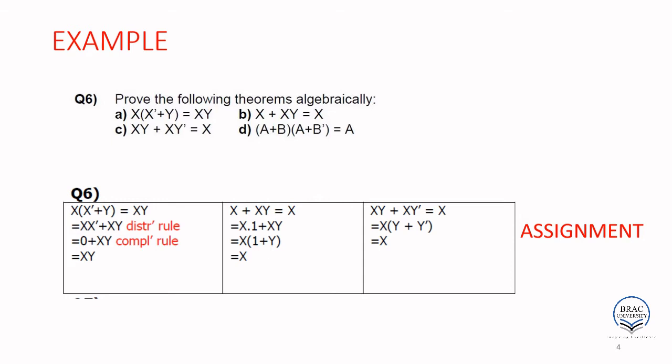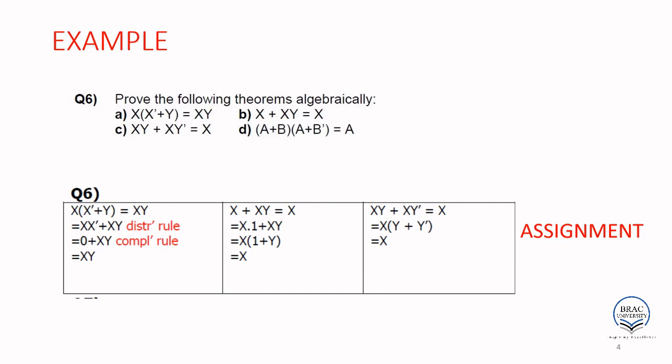Go to the second one, B. It says x plus xy equals x. If you take the common factor, x can be written as x into 1 and xy as xy. If you take x common, it becomes 1 plus y, which gives x. You need to write the rule number or rule name that you are using, which is not shown here, but you need to show it.